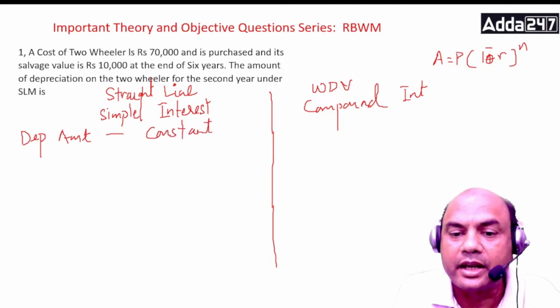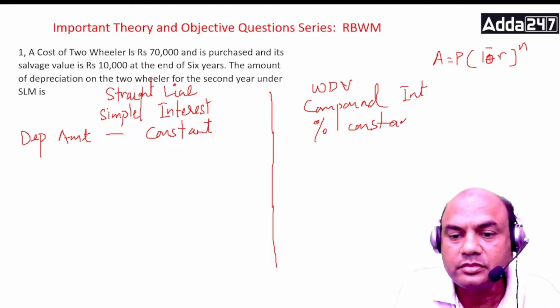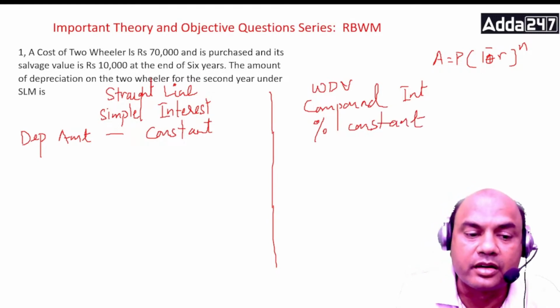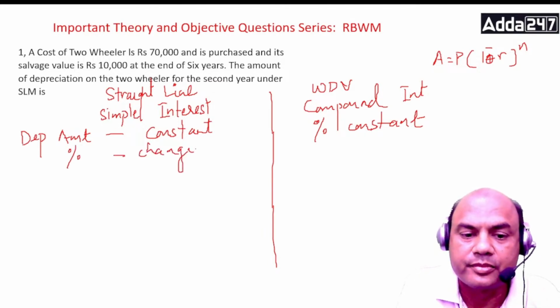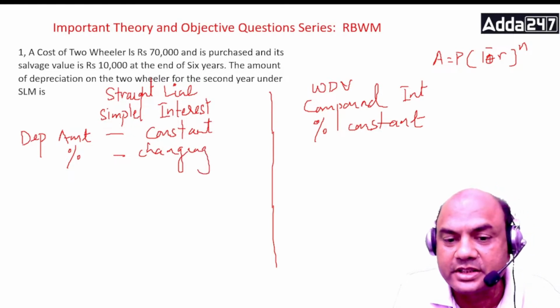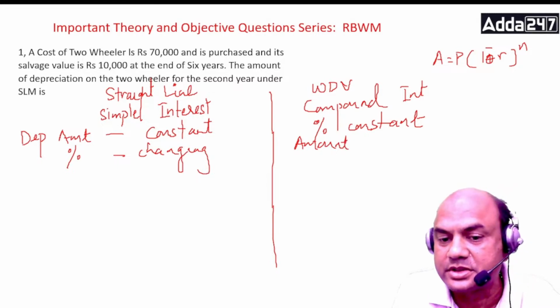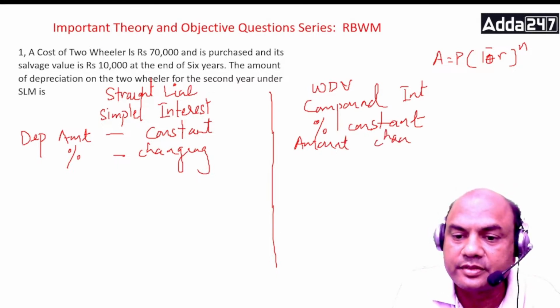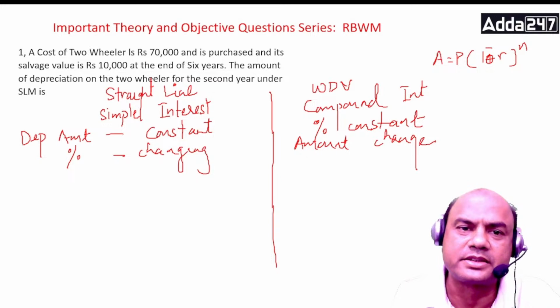Here depreciation percentage is changing. And in WDV, the depreciation percentage is constant, and the depreciation amount is changing. Kindly note this basic logic. That is the main difference between the two, and you have to understand it very clearly.